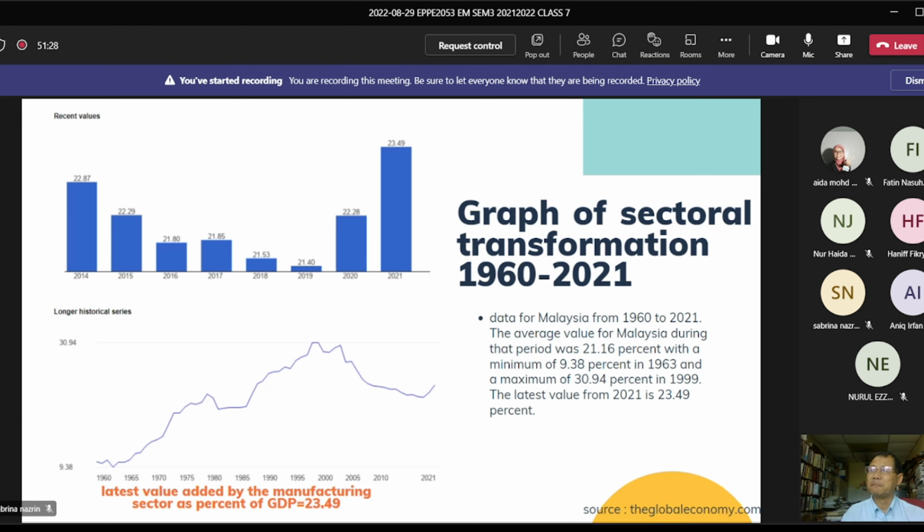You know, this is the latest value added as a percentage of GDP. It's not clear, the data for 60. Is it the percentage share to GDP? Please tell us.